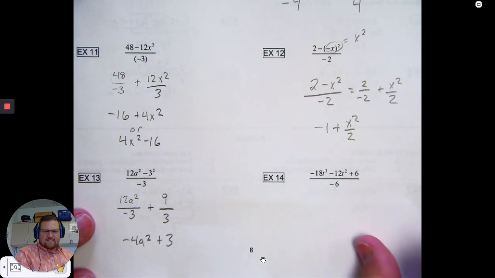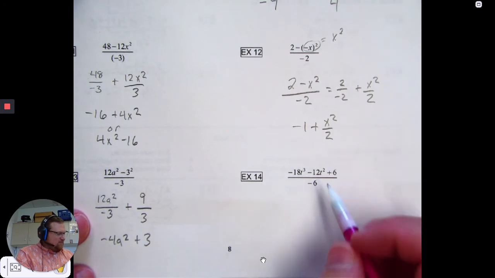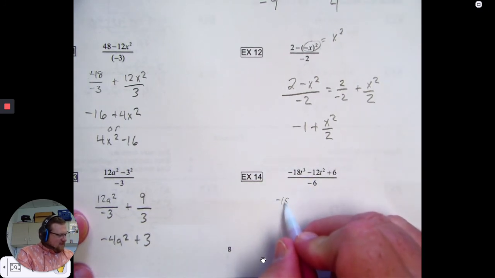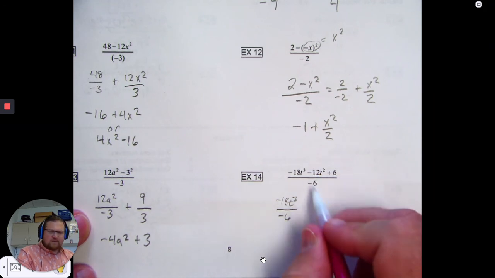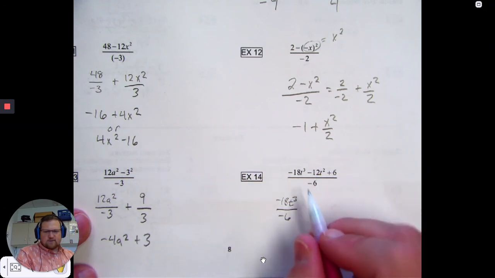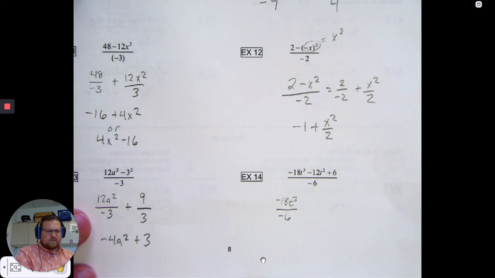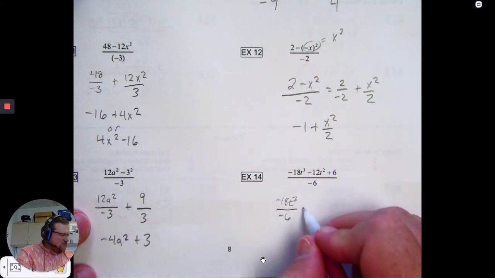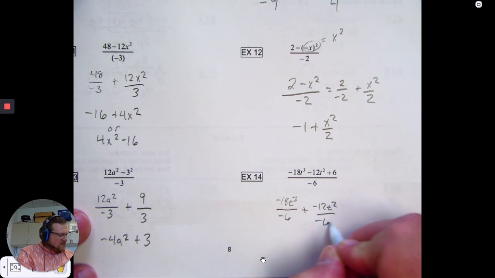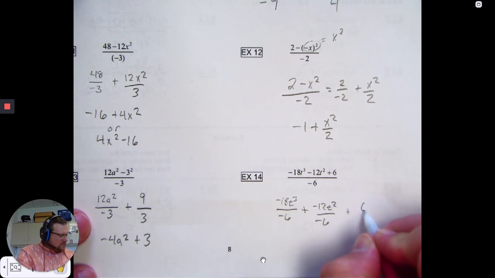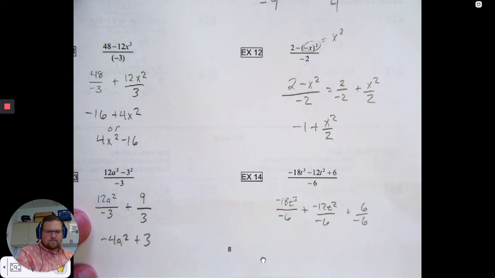And then our final example for this lengthy example lesson, we have negative 18t cubed divided by negative 6. I'm going to write all these negatives in this time, so if you're struggling to figure out how I'm determining that, you can see each one individually. So this is going to be plus a negative 12t squared over a negative 6, and then plus 6 over a negative 6.